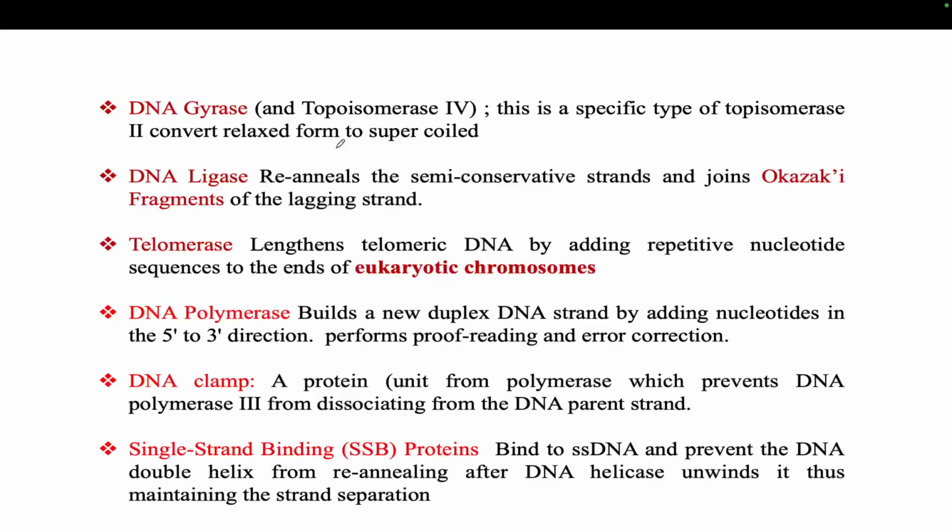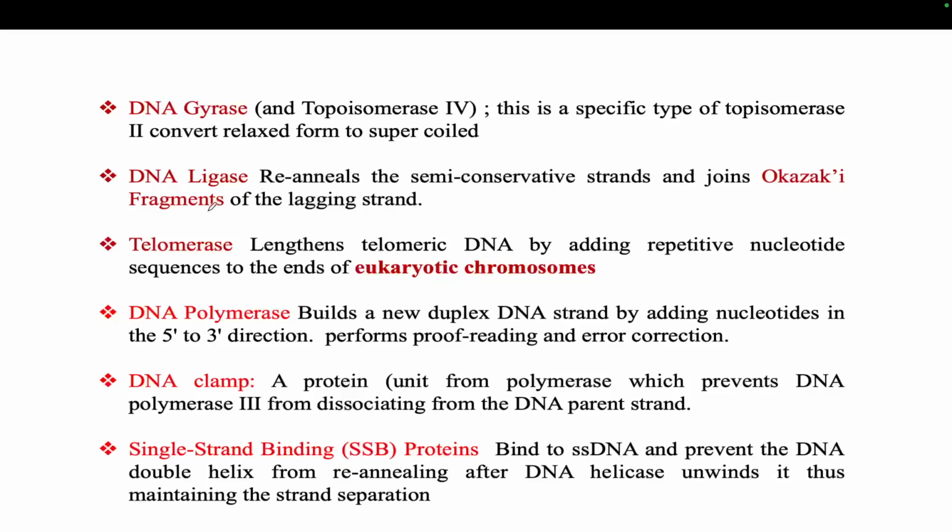To access the portion, it should be a little bit close together, right? So to a certain extent supercoiling is also necessary. That work is done by the DNA gyrase, topoisomerase 4, and it converts the relaxed form to supercoiled form.